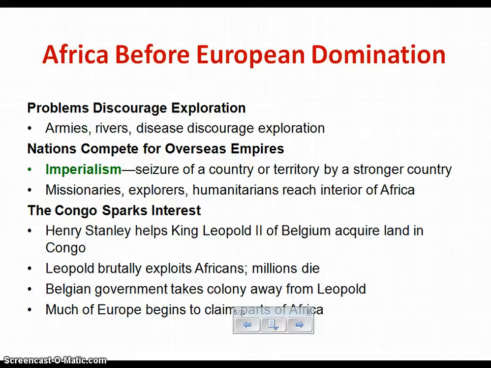And the Congo is significantly larger than Belgium itself. This is what starts a lot of European countries wanting to explore Africa. The fact that there's land to be had, and on that land there are a lot of resources and a lot of people whom you can exploit.